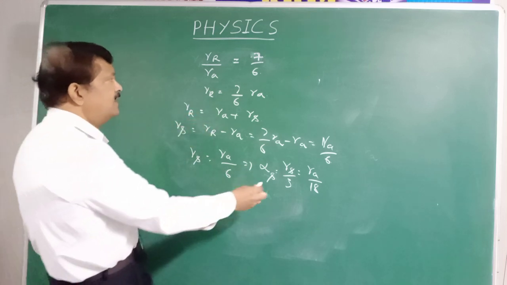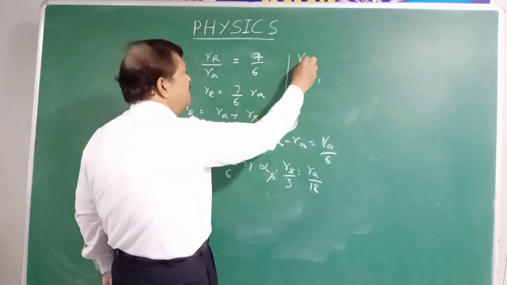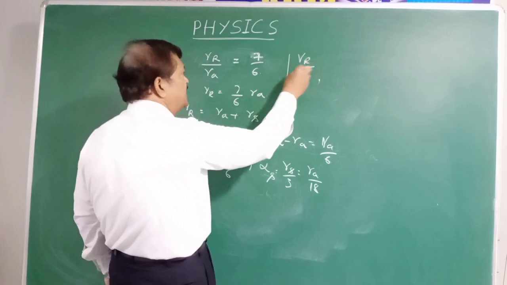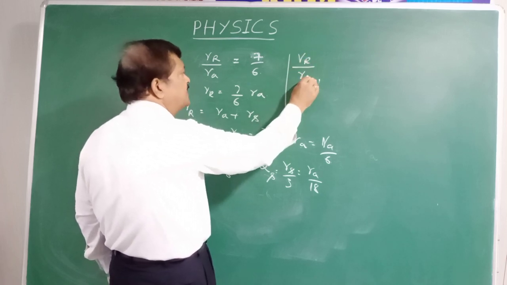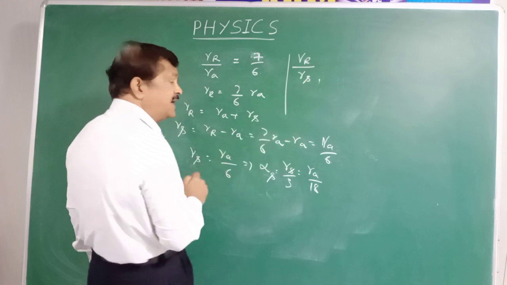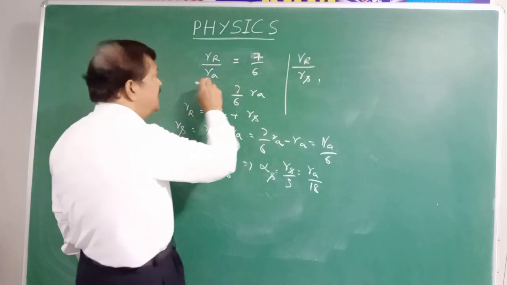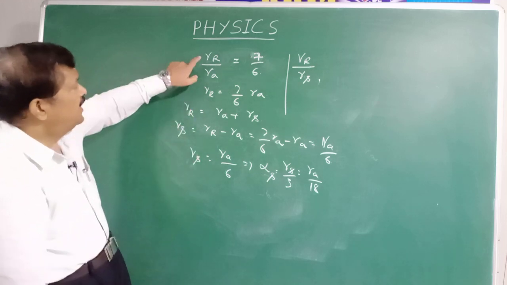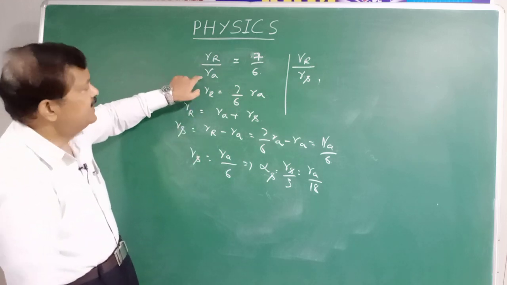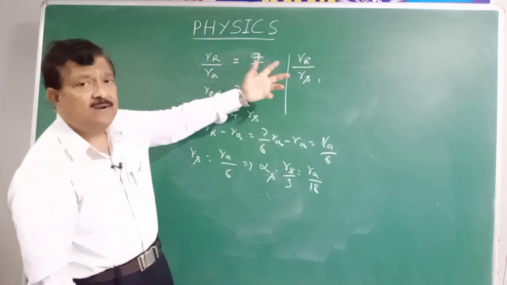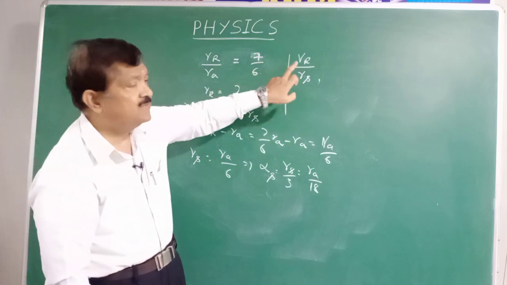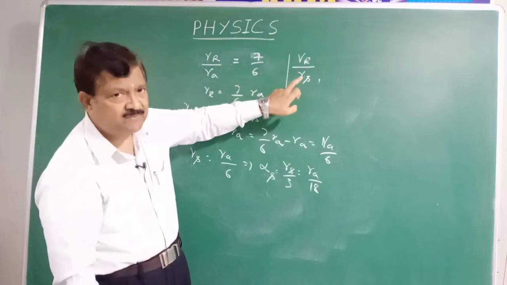Now first let us take the ratio of the coefficient of real expansion to the coefficient of volume expansion of the container, gamma R by gamma S. Here the ratio given is the coefficient of real expansion and the coefficient of apparent expansion. Now I am calculating the coefficient of real expansion of the liquid and the coefficient of expansion of the container.